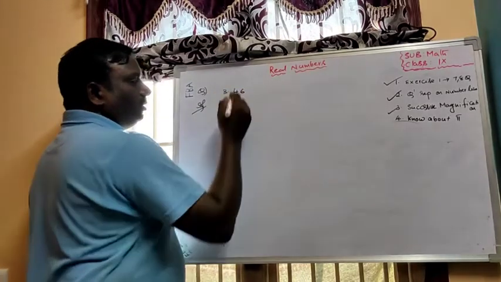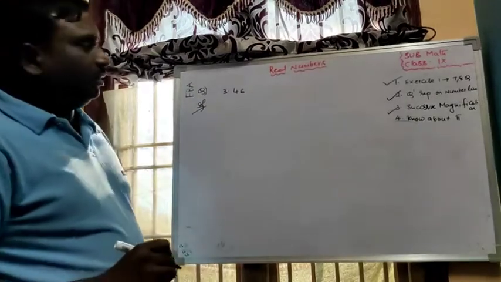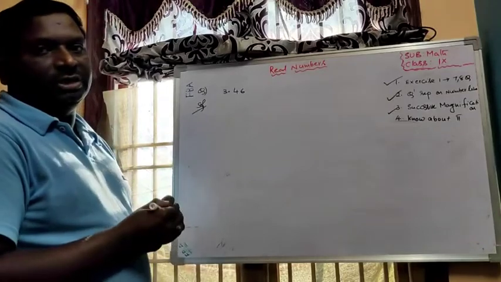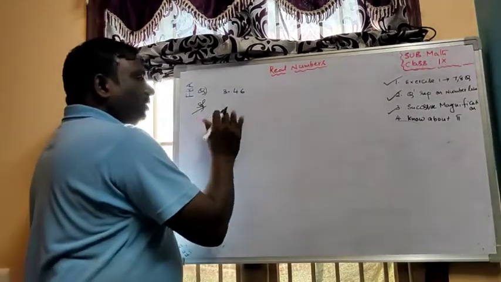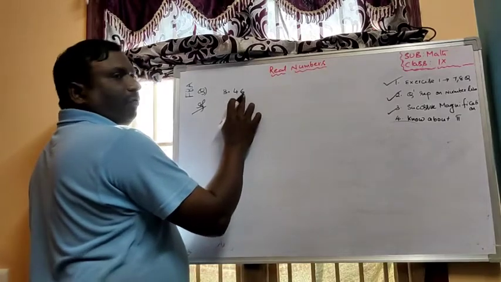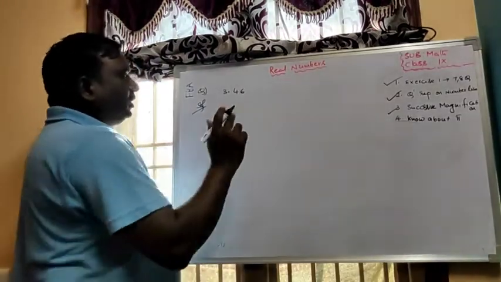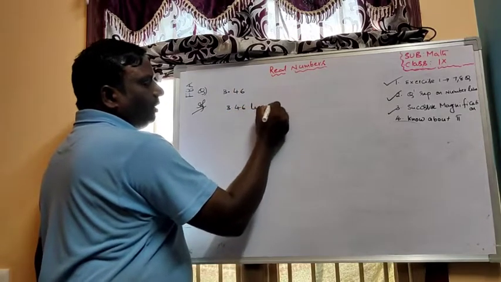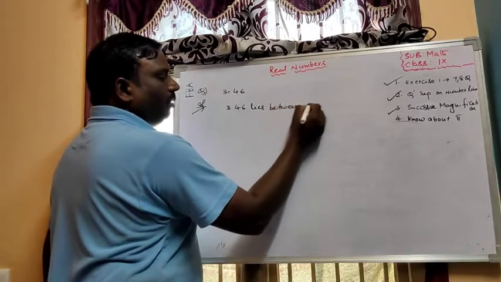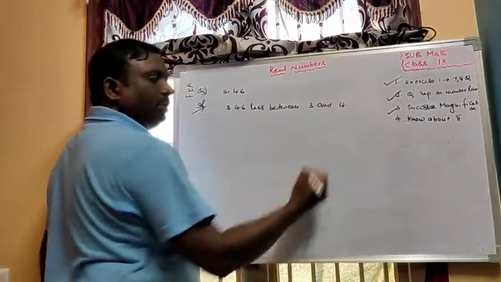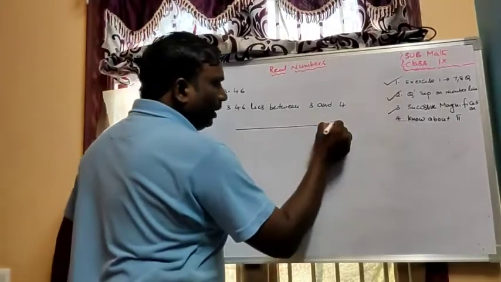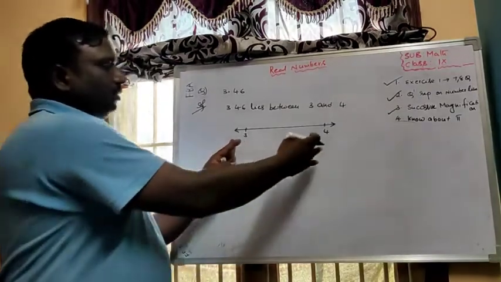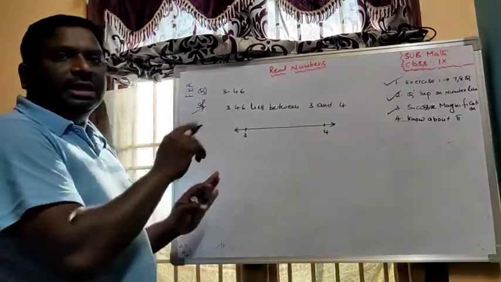3.46. How to represent this on the number line? By using successive magnification. See there. First step, we have to write that 3.46 lies between 3 and 4. Immediately draw the number line with 3 and 4 and divide this portion into 10 equal parts.